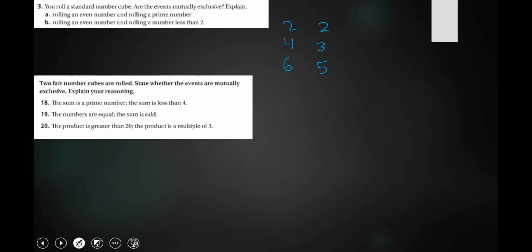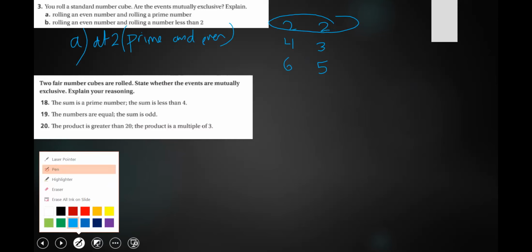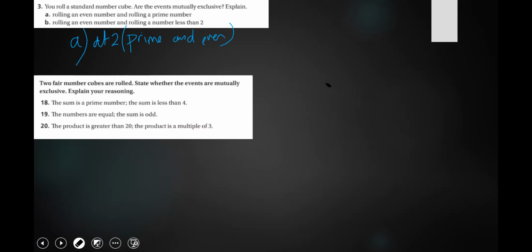Which one? Only 2. So yes, there's an event, which is 2. This is a prime and even number, so it can happen at number 2. So I will say this is not mutually exclusive.